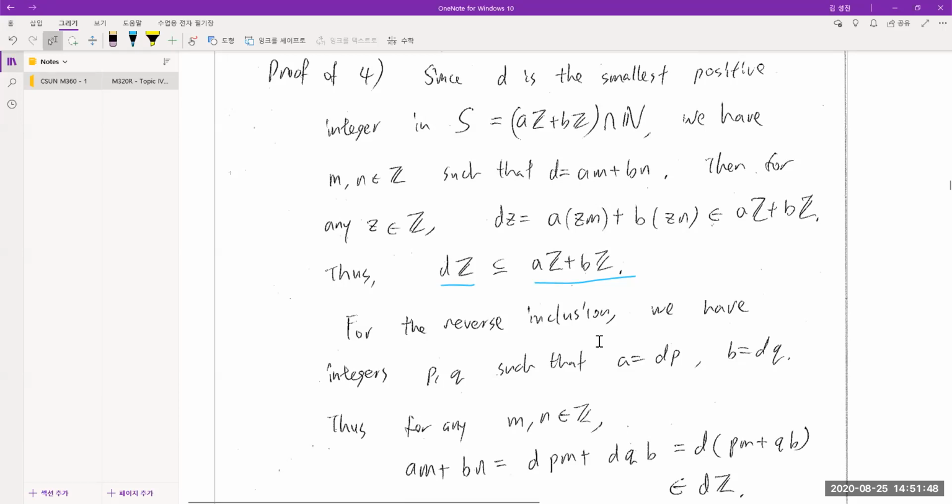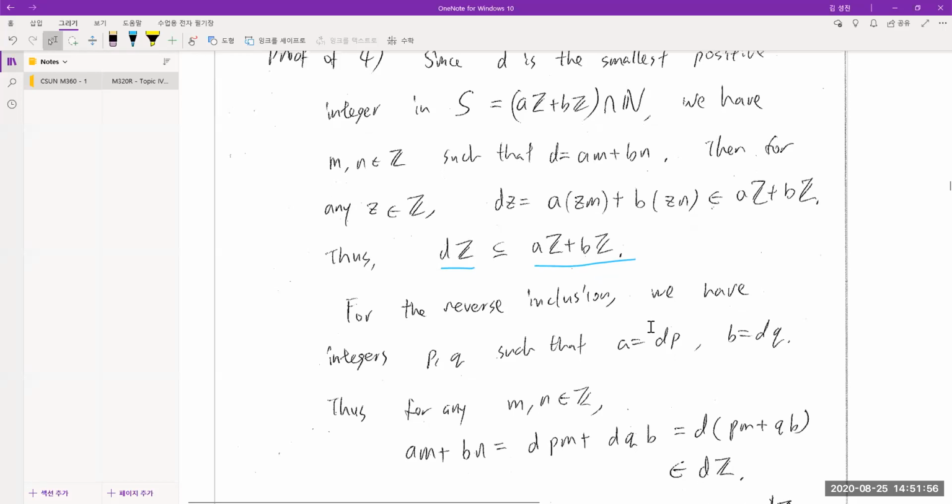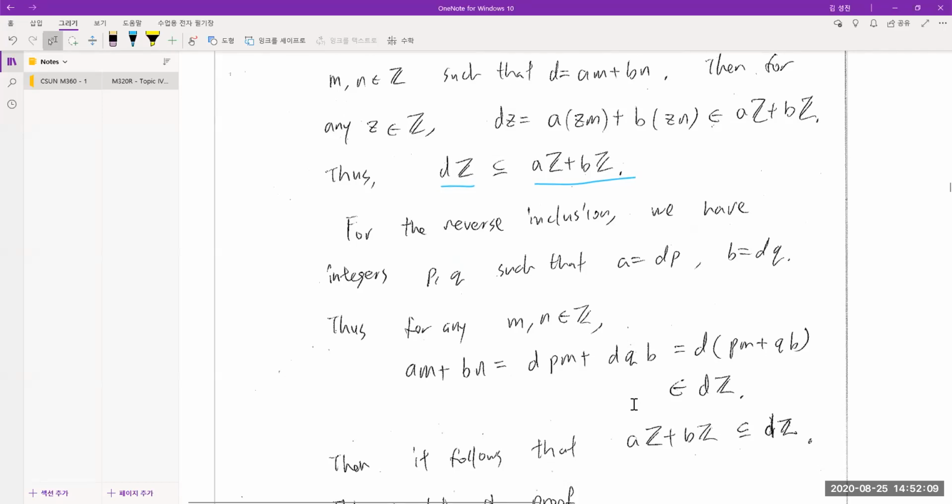We also need the reverse inclusion to prove the equality between these two sets. So for the reverse inclusion, take an element in the Az plus Bz.